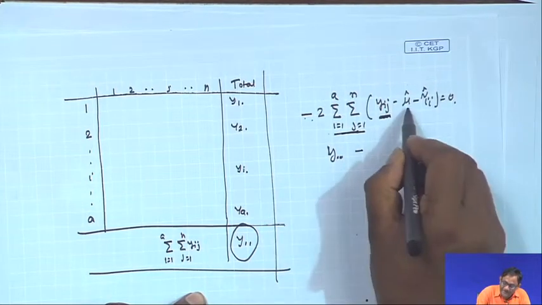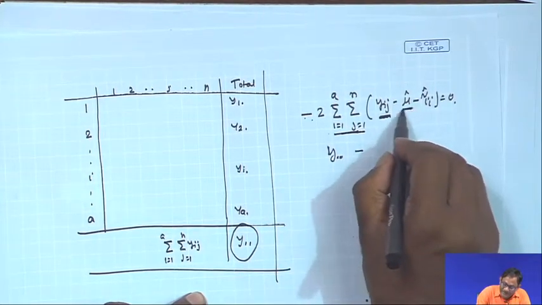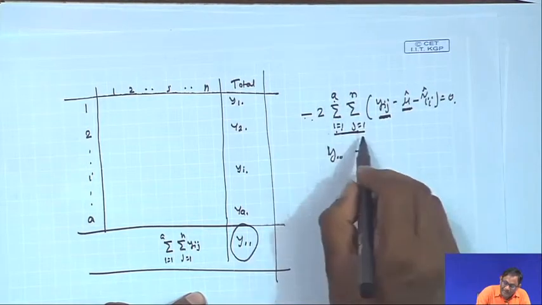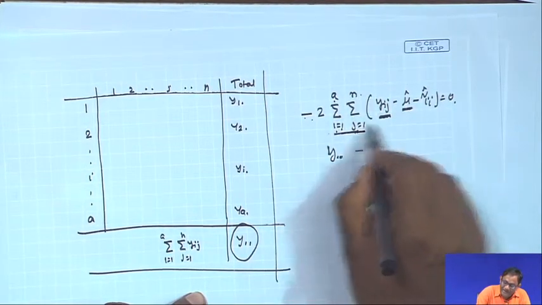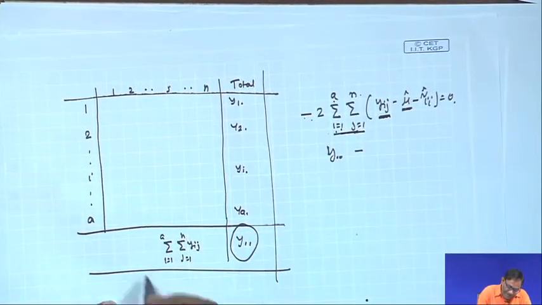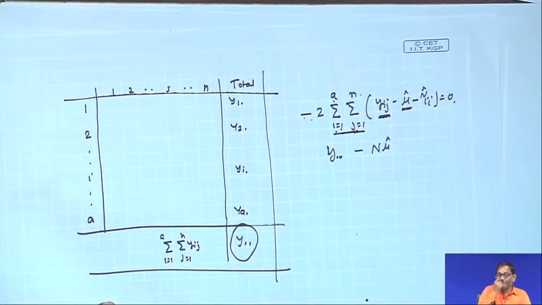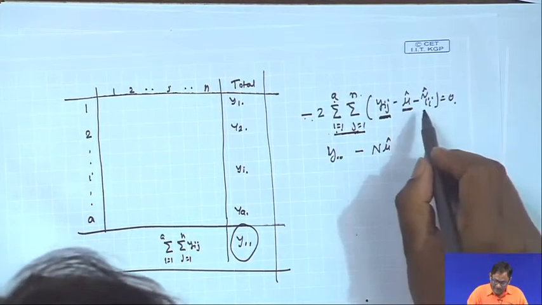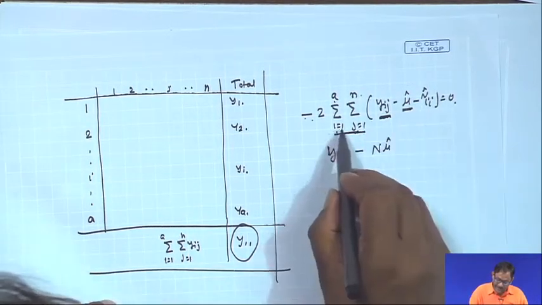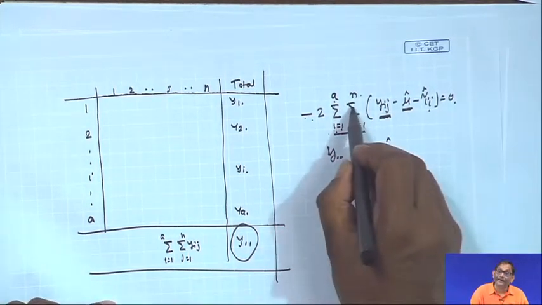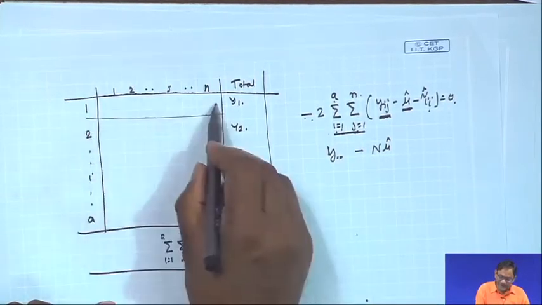Now, minus this one, i equal to 1 to a, j equal to 1 to n, the total is n times mu cap. Now, plus this, what is happening? Tau 1 will be there for small n times, because there are n observations.